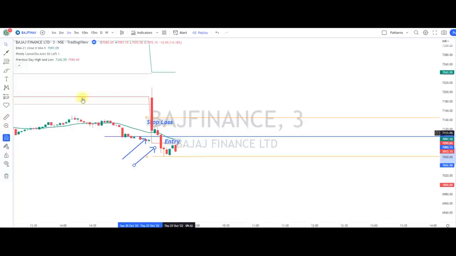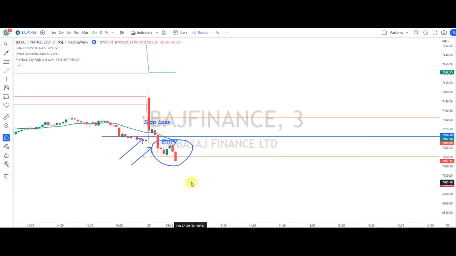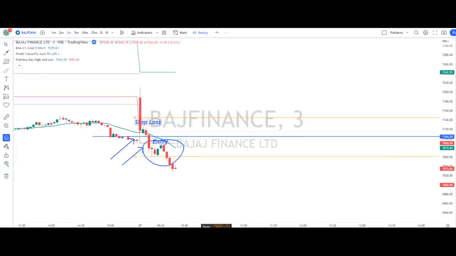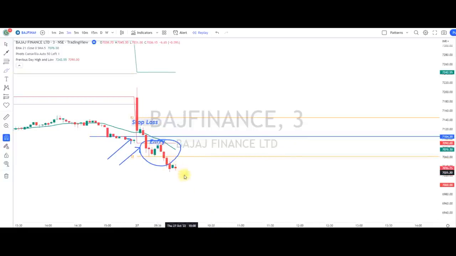So we can see here in this support zone, the price is consolidating for some time. So now you can see that the price is breaking the S3 zone and price started falling.